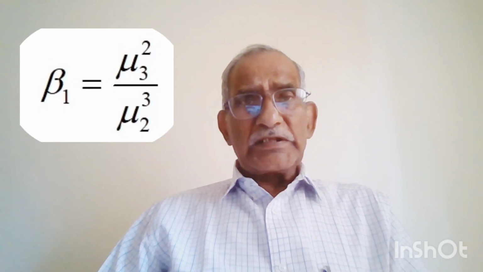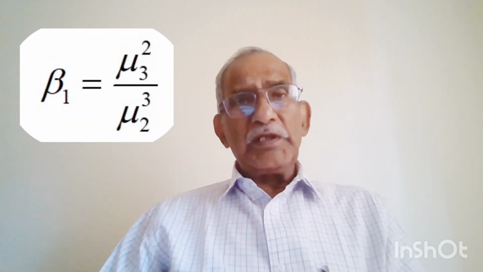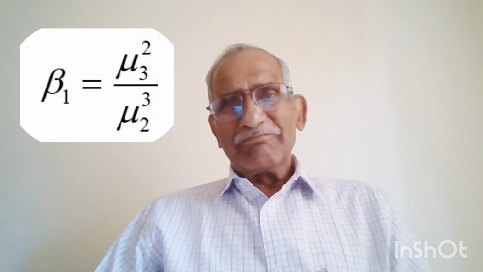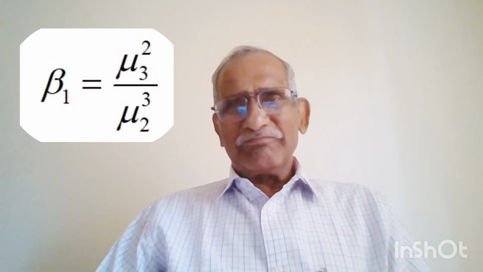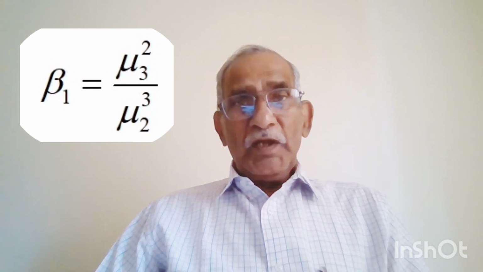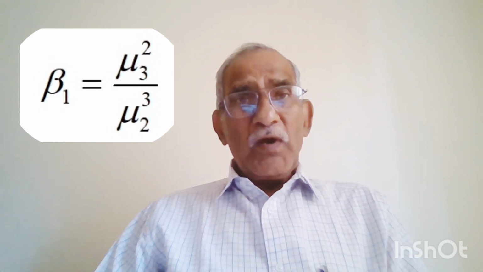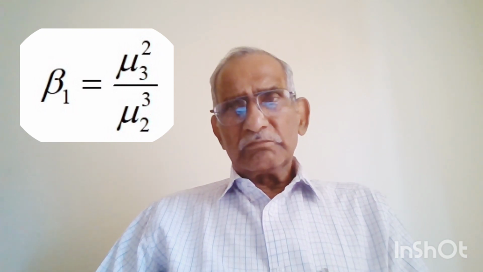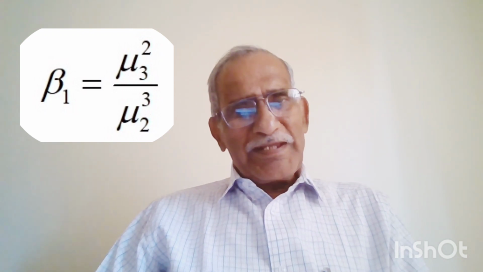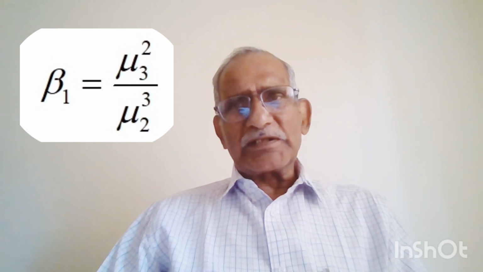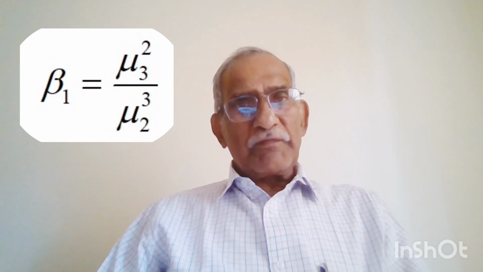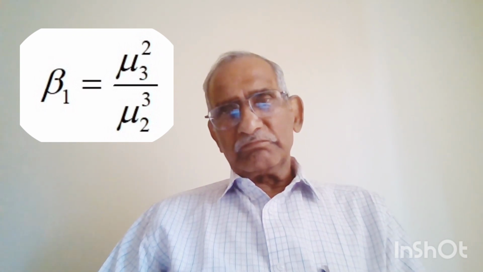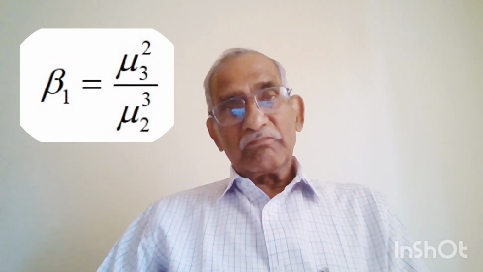What is the need of using the second central moment mu2 in it? Mu2 doesn't measure skewness. Not only that, what is the logic? What is the rationale behind squaring the third central moment and taking the cube of the second central moment in beta 1?